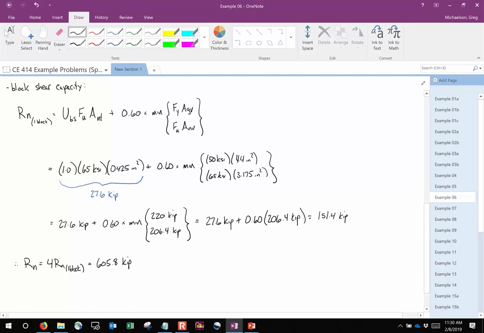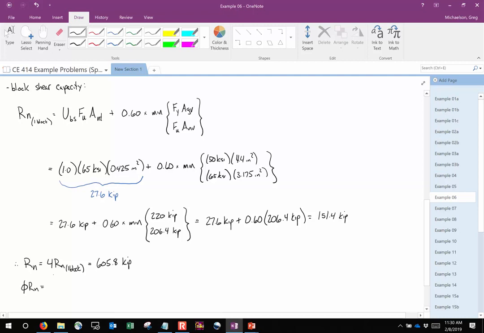Now, is that done? Why not? We have a phi value, a resistance factor. This is a nominal capacity. We don't care about nominal capacities in LRFD. We care about design capacities. So we need to adjust that by our phi value.